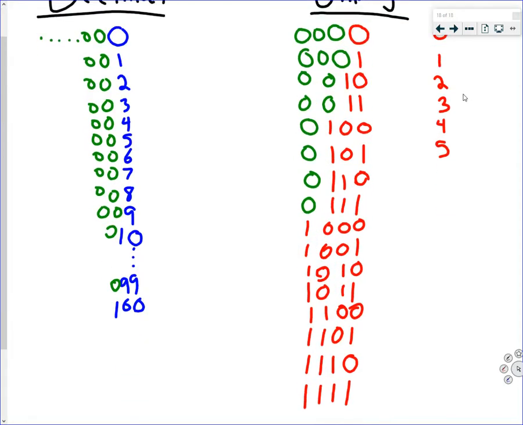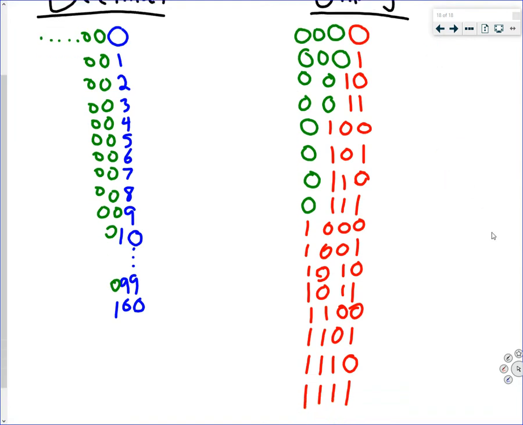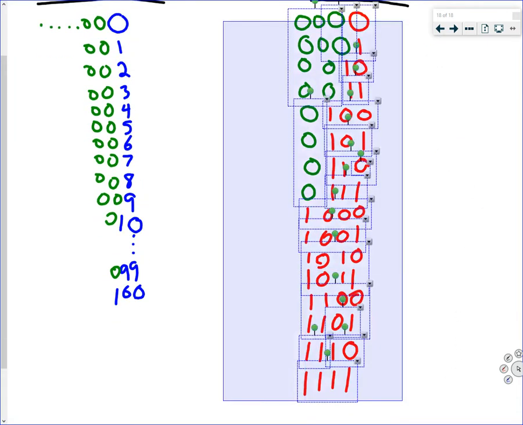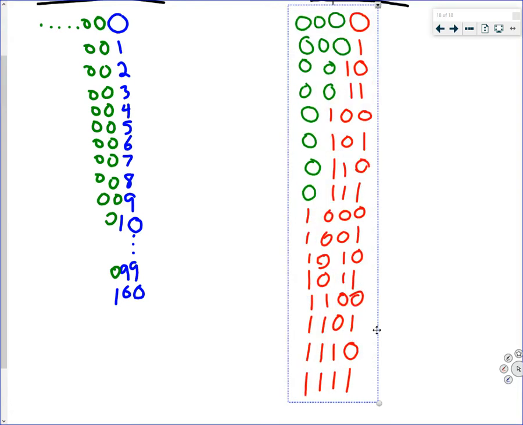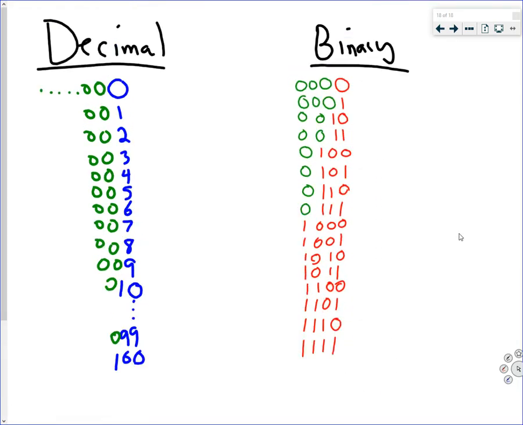Well, let's track it. Let me make this a little bit smaller so it fits on the screen. Okay, so let me use black for this. Let's count these. People in the hallway are saying, wow, they're counting.